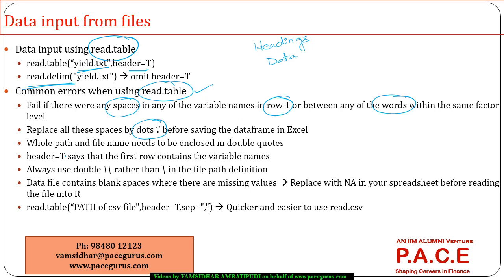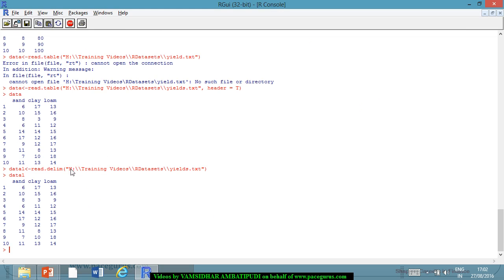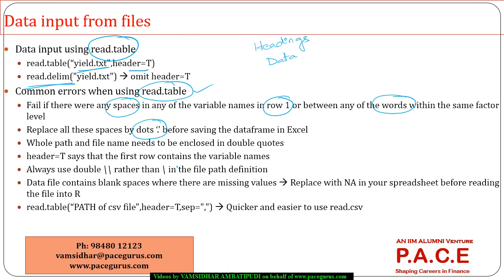And the whole path, when we are giving the path overall, needs to be enclosed in double quotes. And when you are using read.table, if you set header equal to true, then it means that the first row contains the names of the variables that will act as headings. In Windows, always use this kind of format when you are giving your file path.